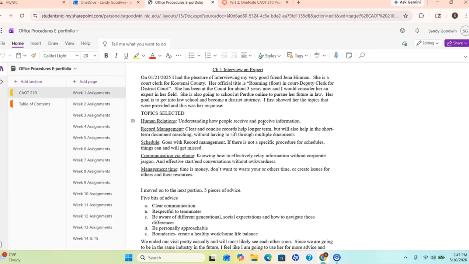My position is going to be on the paralegal side of things, so she is directly in the courthouse. She always describes her job as making the judges look good.